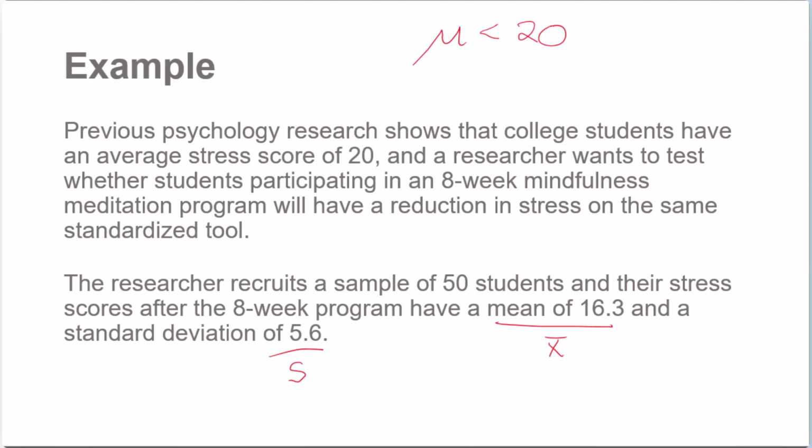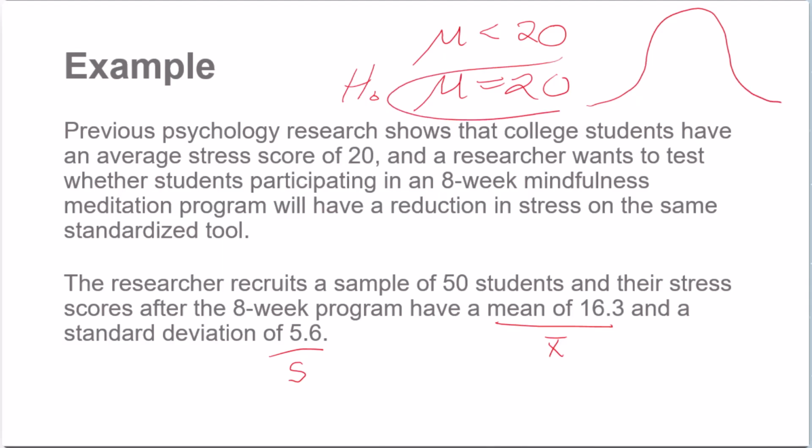Or did we just by chance get a sample whose mean was below 20, when maybe a different sample would have a mean above 20? The way we judge that is by assuming that the true population mean is just 20, looking at the sampling distribution according to that assumption, and asking where our x-bar falls in that sampling distribution.